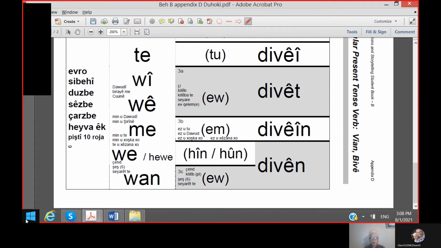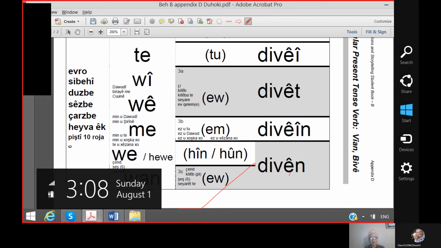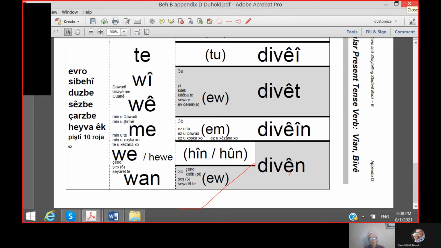However, if your object is plural, then you're going to go down to this bottom section here for your plural object. And if your book is more than one book, then you're going to use devain with an N, because your verb ending agrees with your object when you have ergative sentence construction.